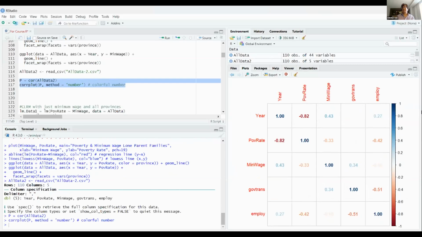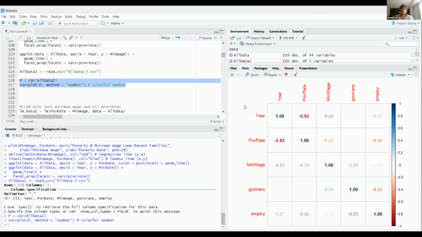Well, what about the magnitude of government transfers and employment rates? So with the correlations here, you can see that red means it's going the opposite way, the deeper red you have. And the deeper blue you have, it's a positive correlation.